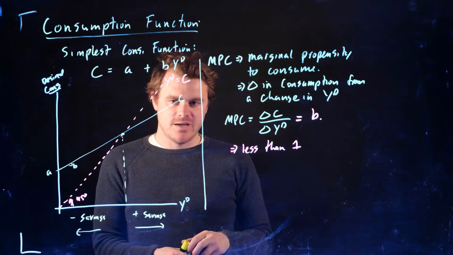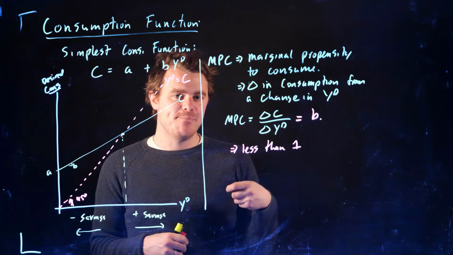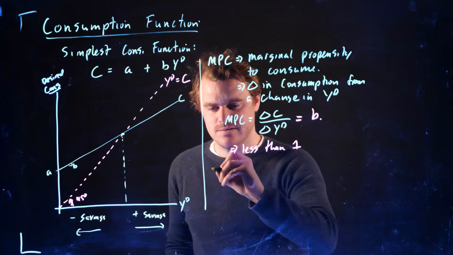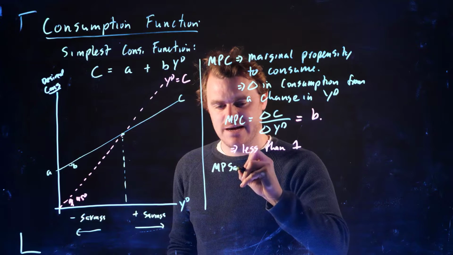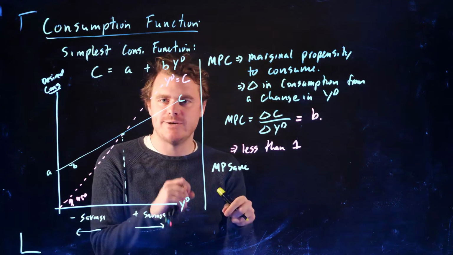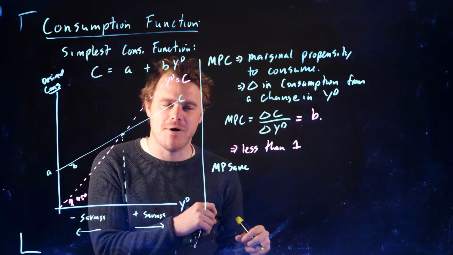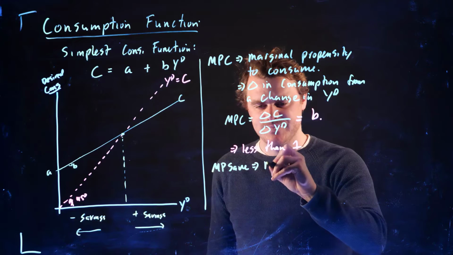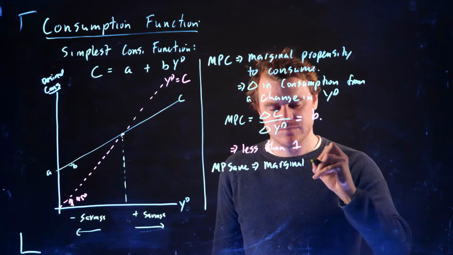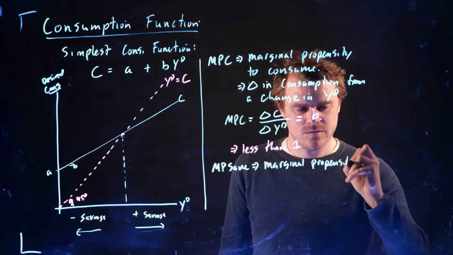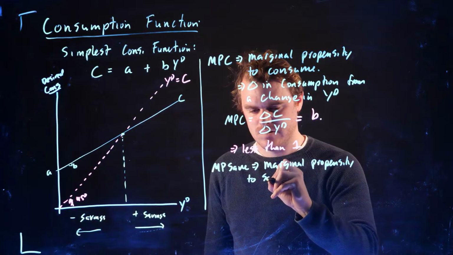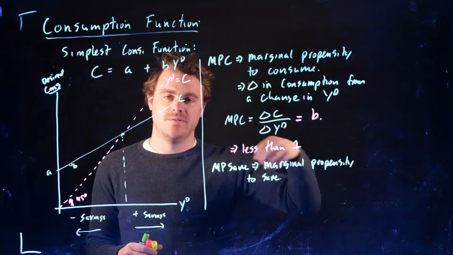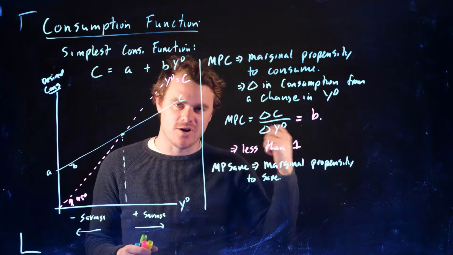And we can also think on the other side of it, the marginal propensity to save. I'm going to write out save because there's going to be two MPS in our model. And so I'm just going to specify the marginal propensity to save. It's going to be less than 1, assuming that you don't spend every dollar increase in disposable income.